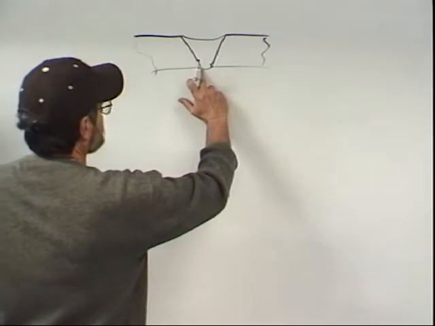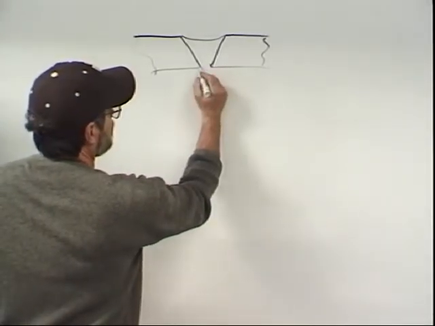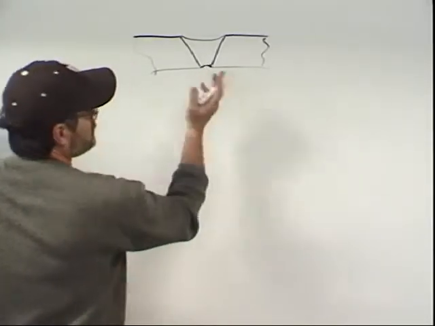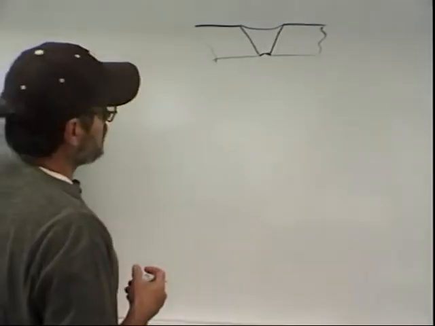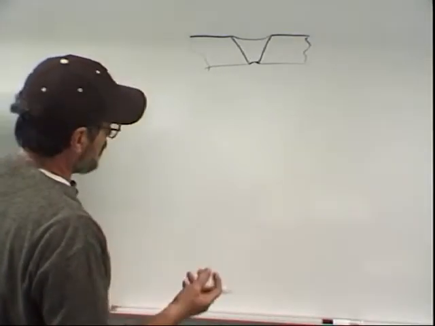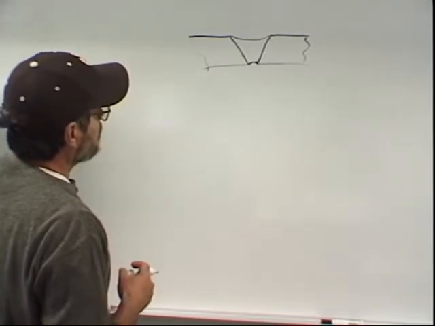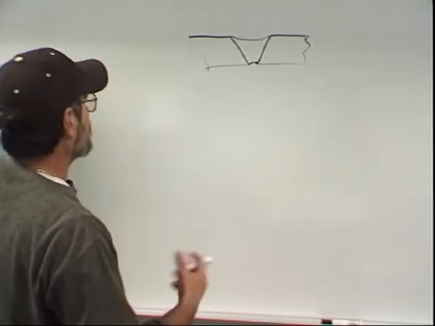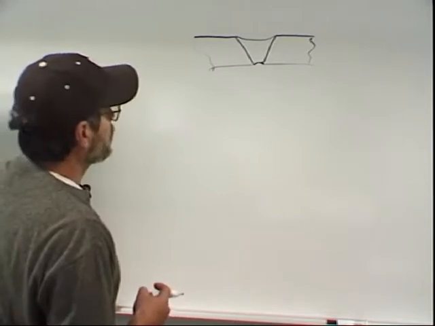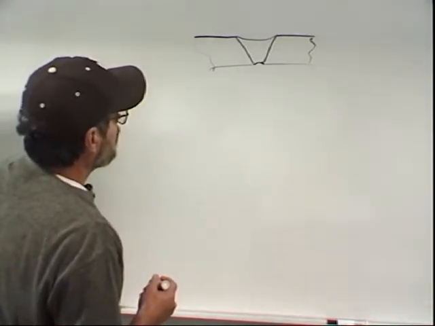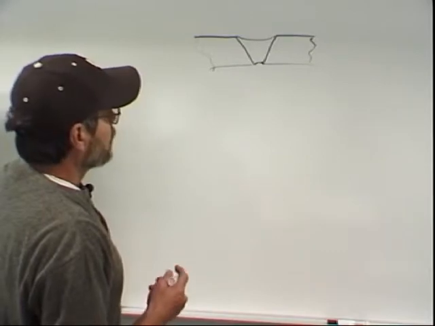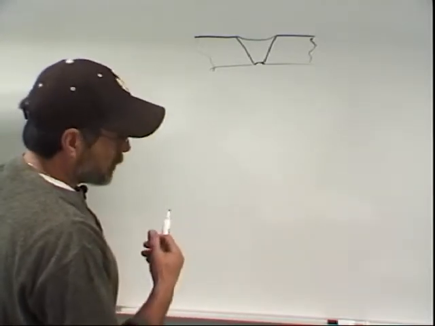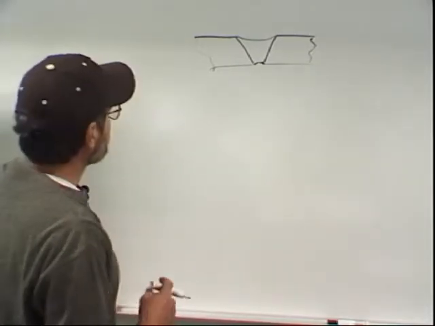If you get it here on this side, that is often referred to as suckback. But that's an improper name, and it's more properly called underfill. If I were inspecting and writing a report, I would probably put it in parentheses, suckback, or insufficient penetration, something to that effect. But the proper name, again, would be underfill on the root side, words to that effect.